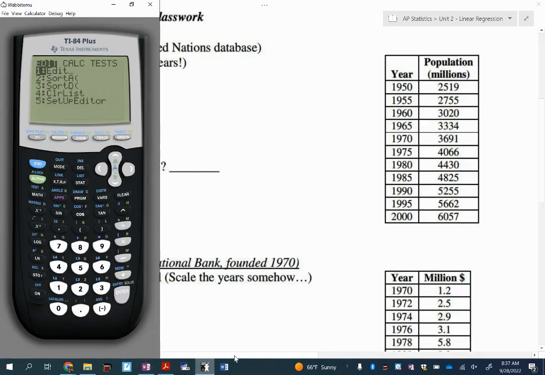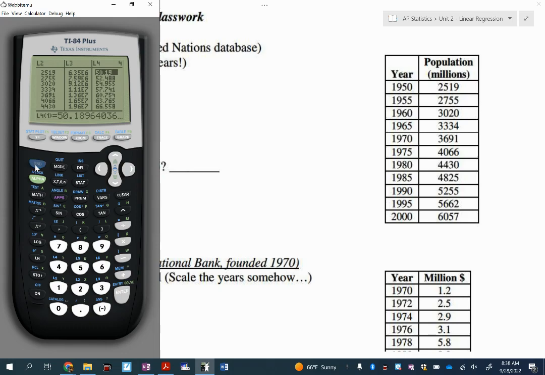I'm going to go to the calculator and do list 4 now. This is the square root, so hit second square root. Just remember where your original Y values were. They're in list 2, so second number 2, which is going to be the square root of all those data values. I put them into list 4.